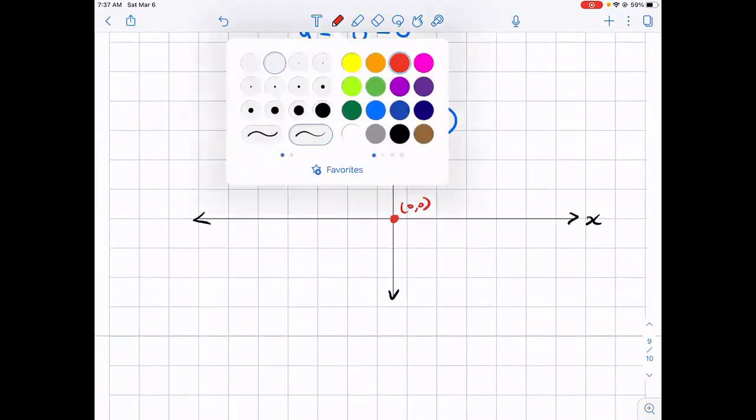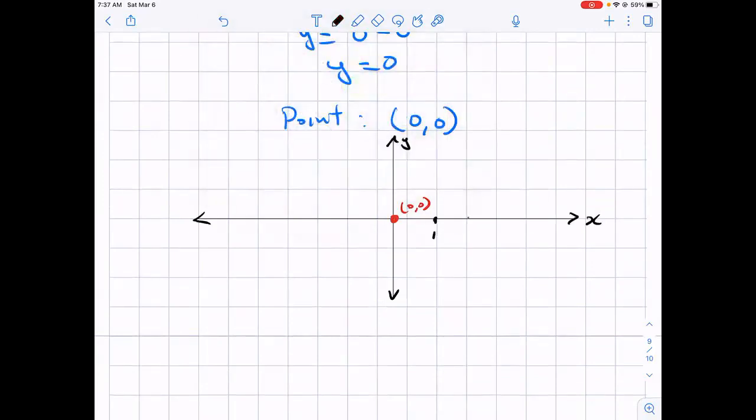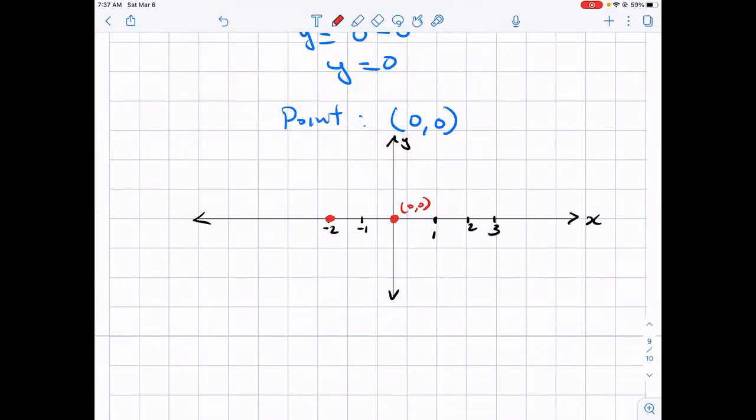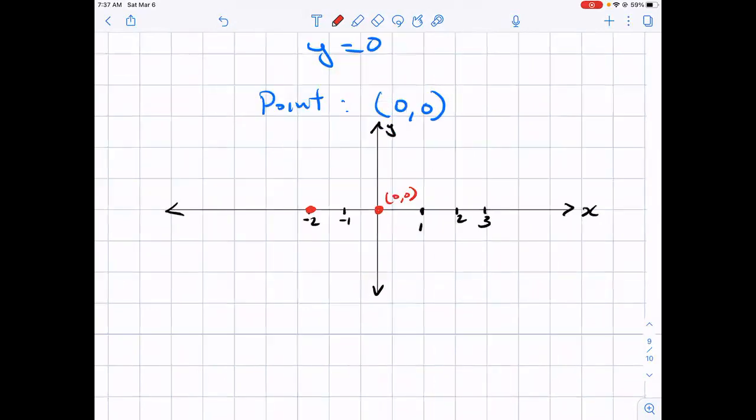So 1, 2, 3. Let's say this is minus 1, minus 2. So this and this. Okay. So here, minus 2, 0 here. Okay. So this is 2, 0. This is minus 2, 0.